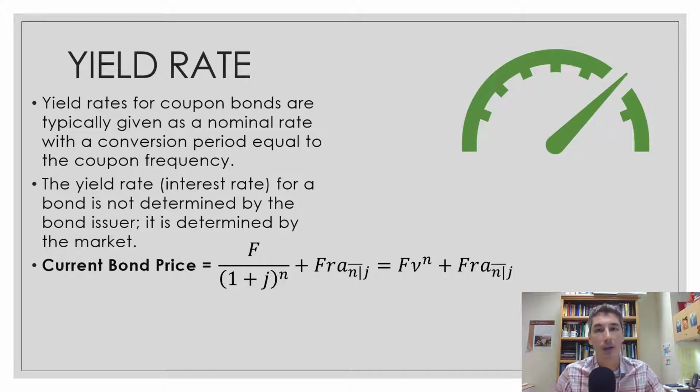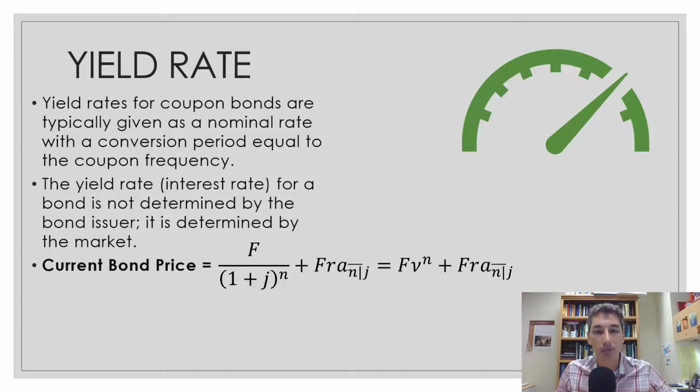Or maybe the company's relatively stable, you expect that payment to come out, and maybe the yield rate's very low, so maybe you only have to pay $9,000 for a $10,000 bond, right? So in some sense, the yield rate is how much interest you're earning. Well, the more risky that bond is viewed, the higher that yield rate is going to be, okay?